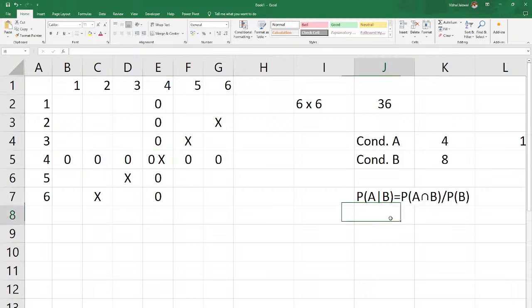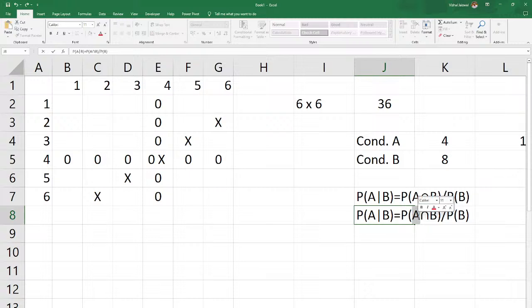So you can write it like this. A intersection B is, sorry, 1 out of 36.